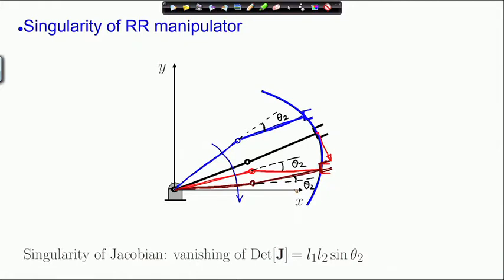So, the path has to be planned initially such that it does not go very close to a singular configuration of the manipulator. If at all it is required that the path has to go very close to the singular configuration, then the inverse problem has to be solved carefully.